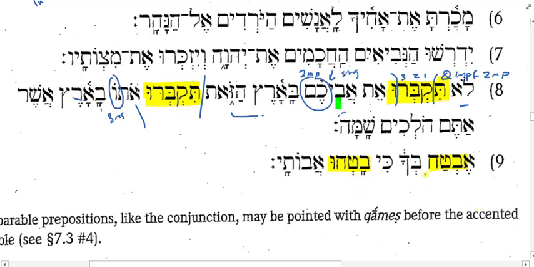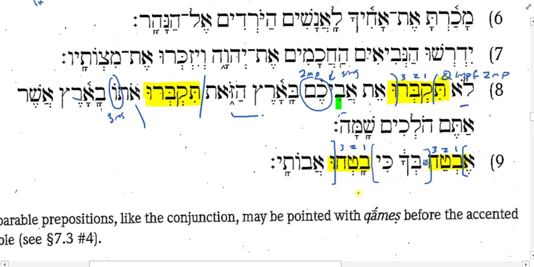I identify my root letters: 1, 2, 3, bet, tet, het. This one has a prefix aleph. The other one has the same 3 root letters, bet, tet, het, but I have a shurik at the end, and there is no prefix before root 1. On the first one, I have a prefix aleph. I don't have any ending here, okay?